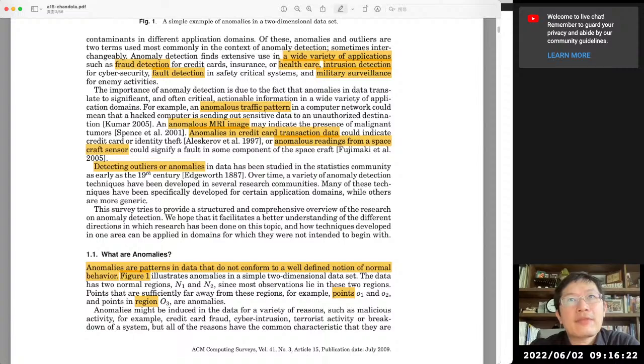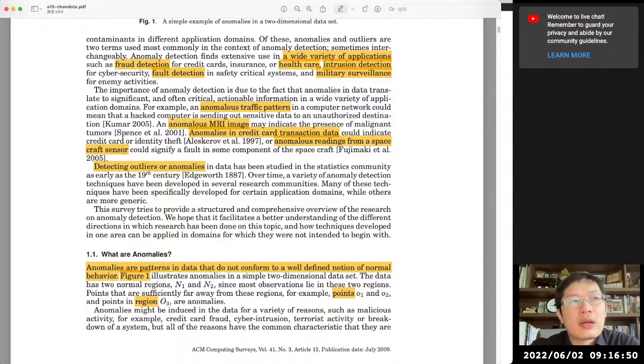So basically, you have an idea of normality, right? For example, for fraud detection, you know how users use credit cards, what their health condition is, of course, in normal condition. And then you find something anomalous from their records.